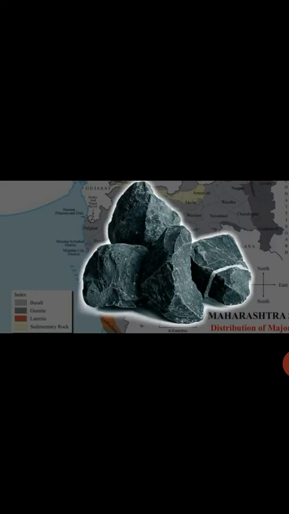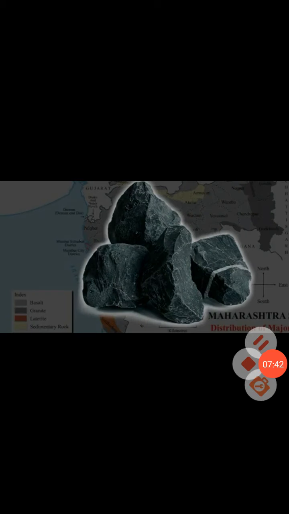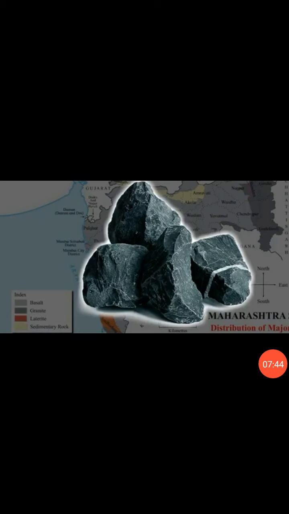The distribution of major rocks in Maharashtra shows the districts in Maharashtra where rocks other than basalt are found. The basalt rock formed out of volcanic eruptions has spread over a vast region of our state.